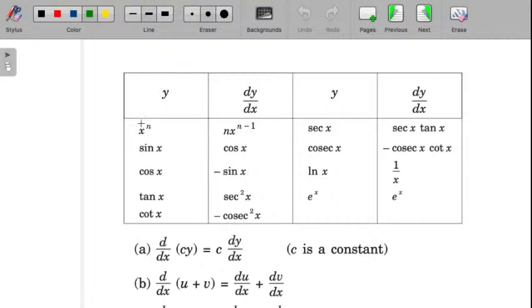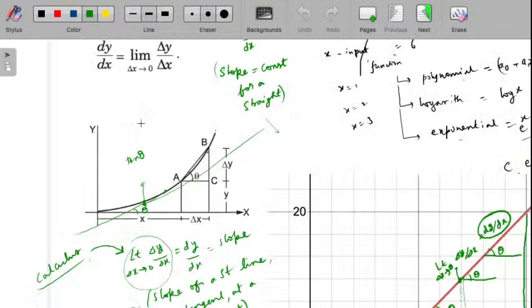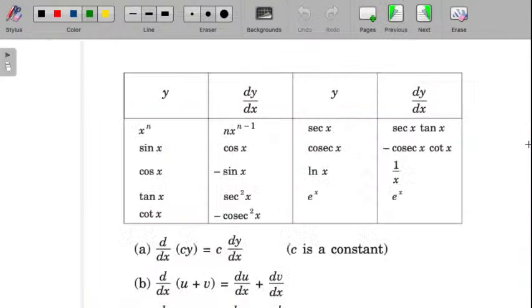Now, as we have discussed here, we could have a lot of different kinds of functions whose differentials we could compute using this definition, which is the fundamental definition in calculus, and we have tabulated results of various kinds of functions that can be seen here.